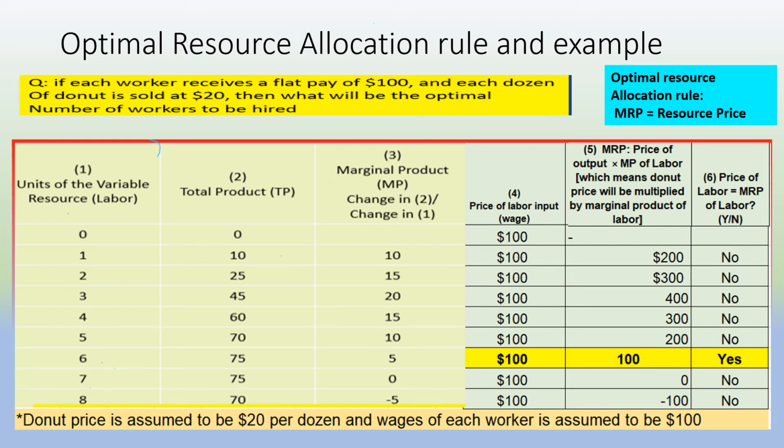That means the company will be better off hiring up to the point where the marginal revenue product of that worker is equal to the cost of that worker, cost in the form of payments of wages and salaries. That is why the optimal resource allocation rule is that MRP, marginal revenue product, has to be equal to that input's price, or wages in this case, right?